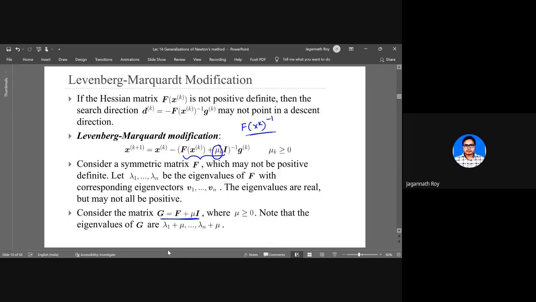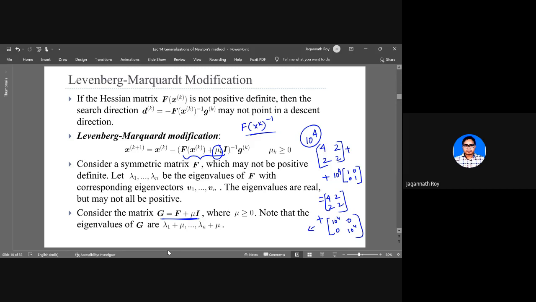If the value of mu is, for example, 10 to the power 4. Let us say, if you remember, one of the Hessian matrices we had was 4, 2, 2 and 2. Now if we add 10 to the power 4 into the identity matrix 1 0 0 1, what will it be? So 4 2 2 2 plus 10 to the power 4 0 0 10 to the power 4.